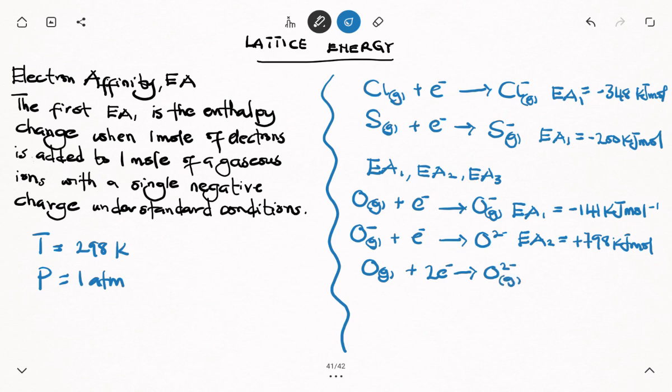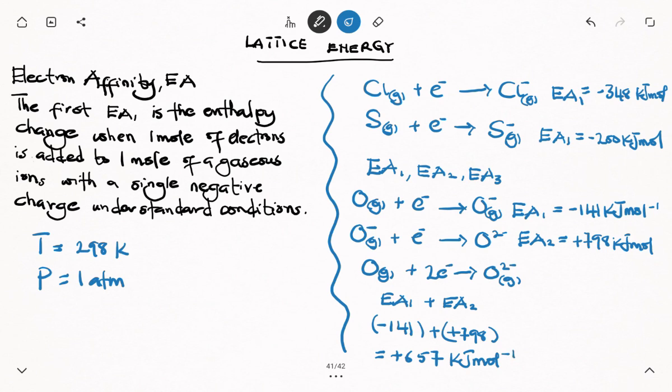We will need to find a total energy of EA1 plus EA2, and that is minus 141 for the first electron affinity, and then plus 798 for the second electron affinity, and that will give us a total energy of plus 657 kilojoules per mole.